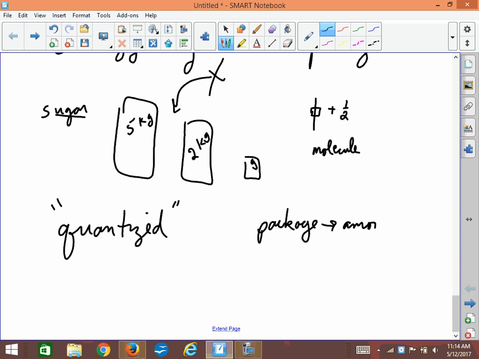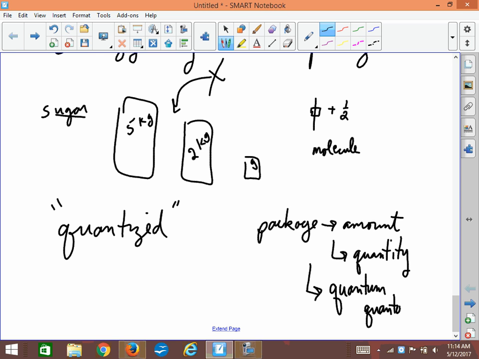And another word for amount is just a quantity. And so he came up with this idea that there would be little quantities of energy, and he gave them a special name. Using this language, he called them a quantum. 1 quantum, or if you want the plural, would be quanta. 1 quanta or 1 quantum.